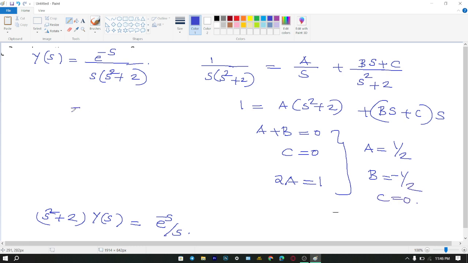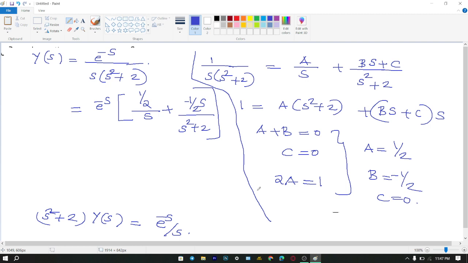So here we have y of s is equal to e raised to minus s, then we have a by s, a is 1 by 2, so 1 by 2 by s, plus c is 0, so bs, b is minus 1 by 2, minus 1 by 2 s divided by s square plus 2. So this is our partial fraction.